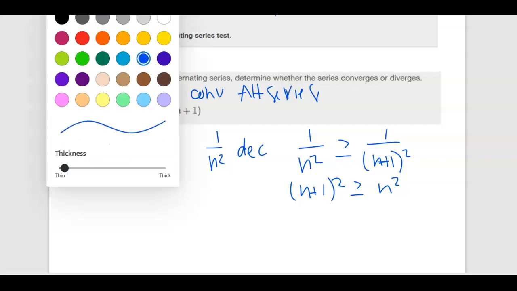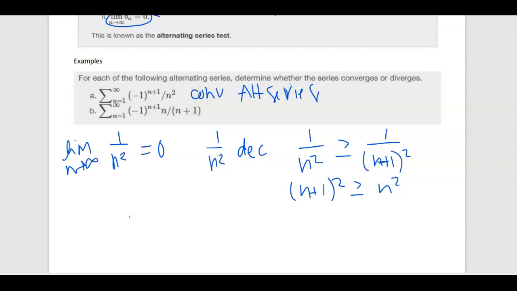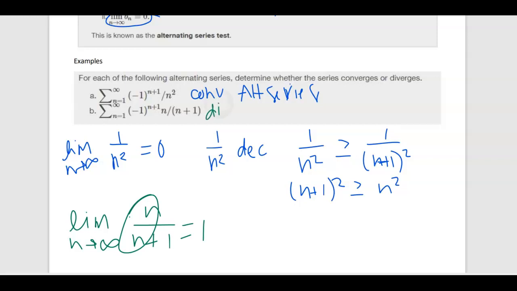Let's look at this second one. So this has an alternating piece, but let's look at the limit as n goes to infinity of n over n plus 1. Well, that limit is going to end up being 1. So even though this is a decreasing function, the limit is going to 1, so this diverges.